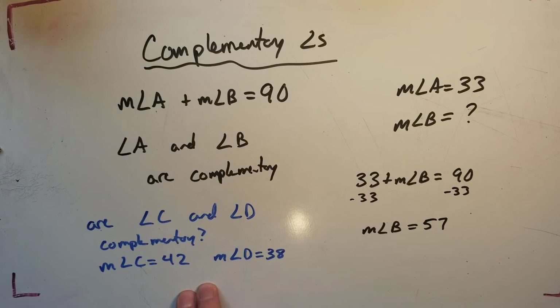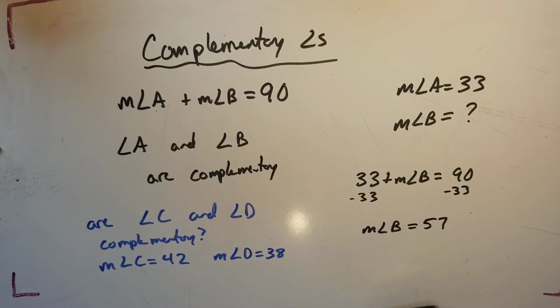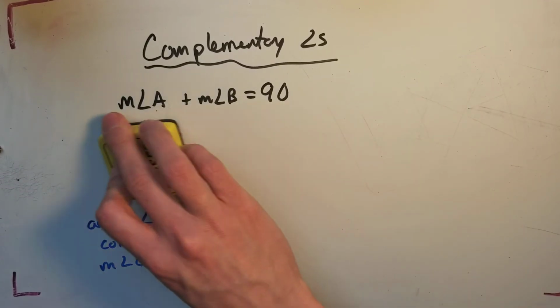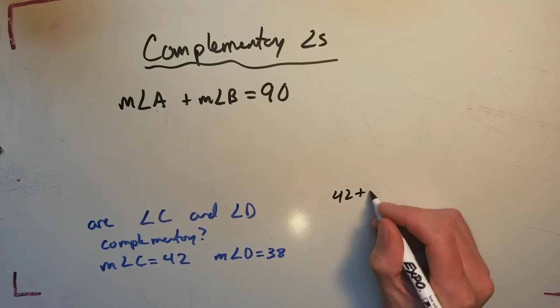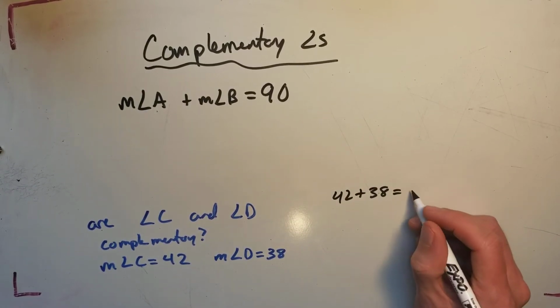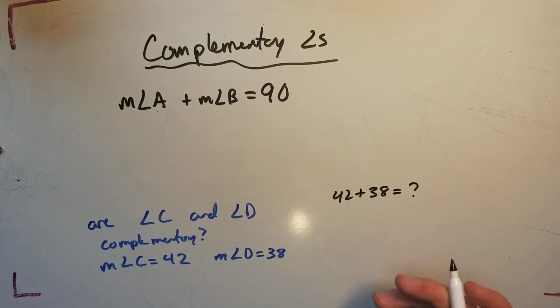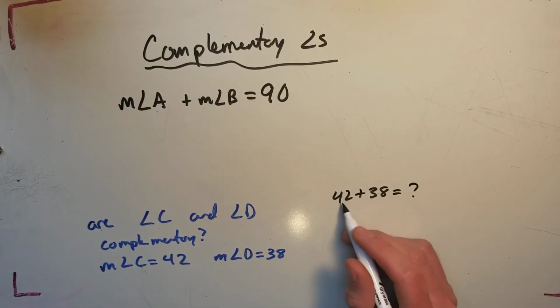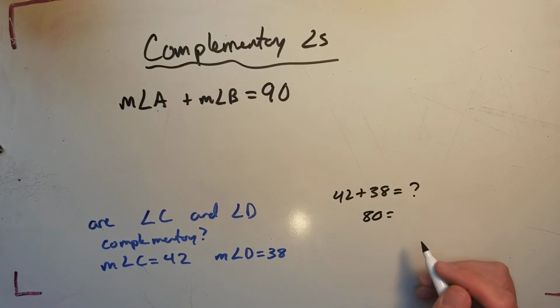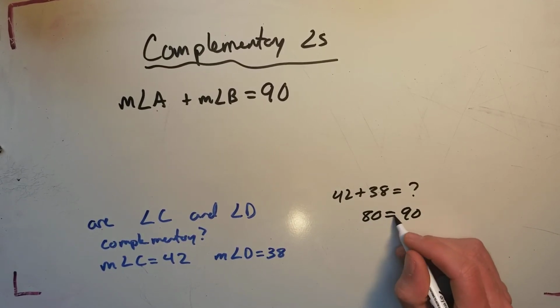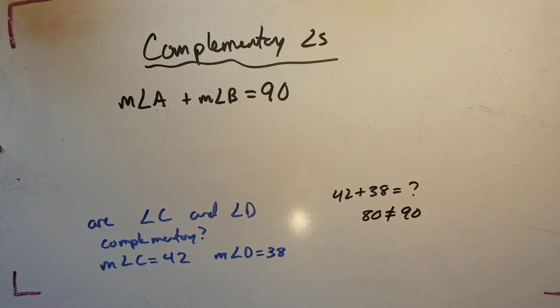To check, you simply say 42 plus 38, what does that equal? If that equals 90, then they're complementary. 42 plus 38 gives us 80, and that means they are not complementary because they do not add up to 90.